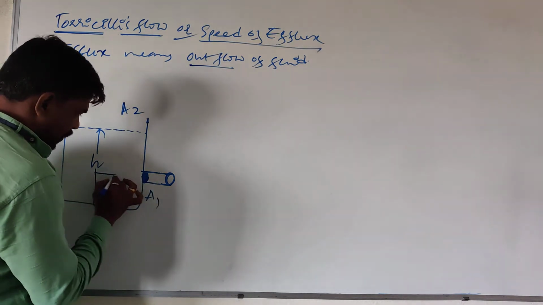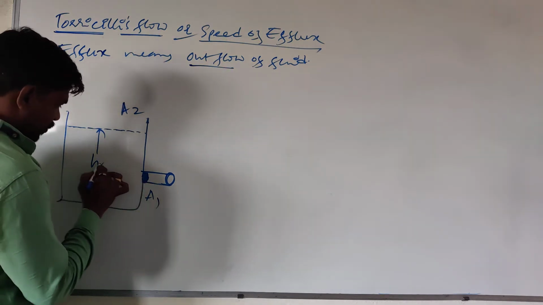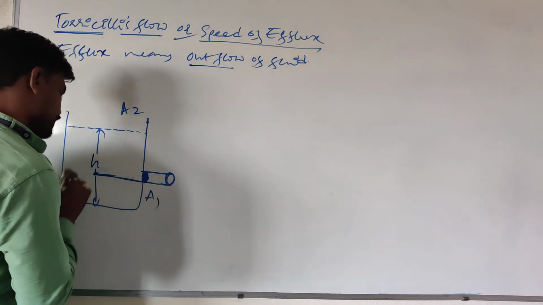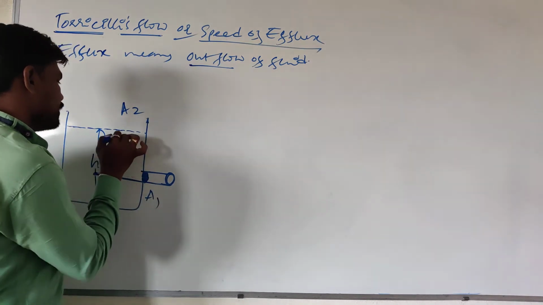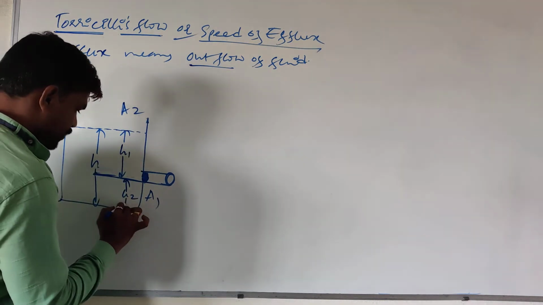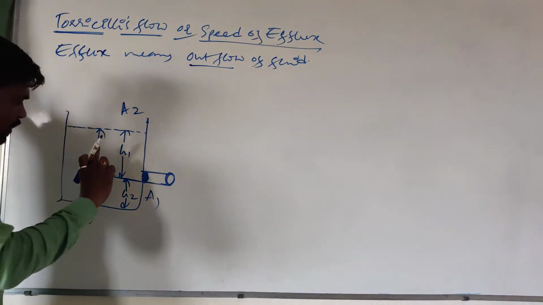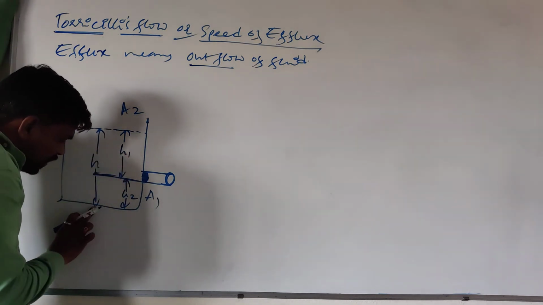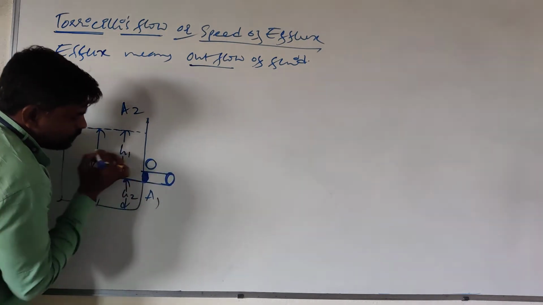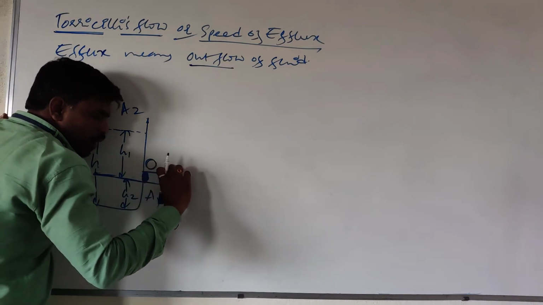From here to here, this is h1, this is h2, right? So this is the complete height from our cylinder surface, h. So this is point O, pointing A, this is an outflow.